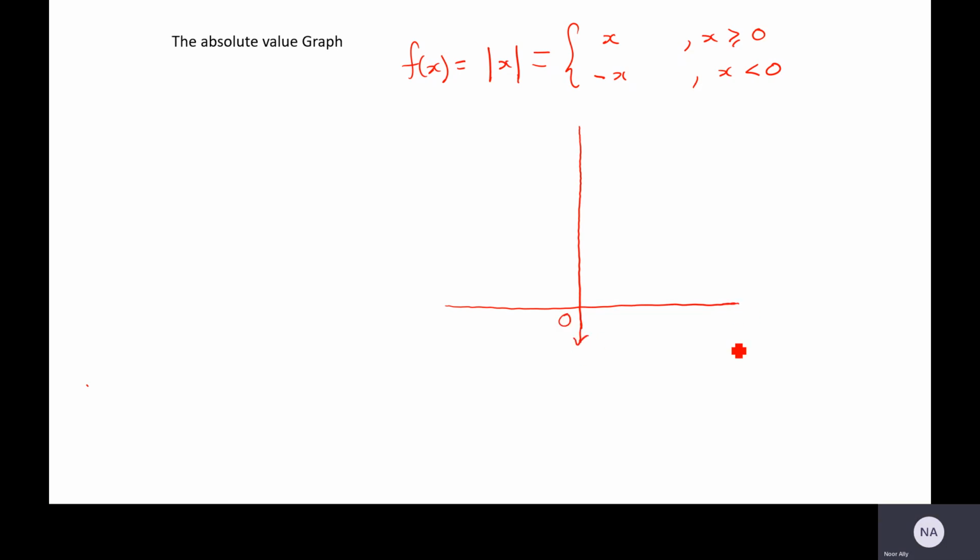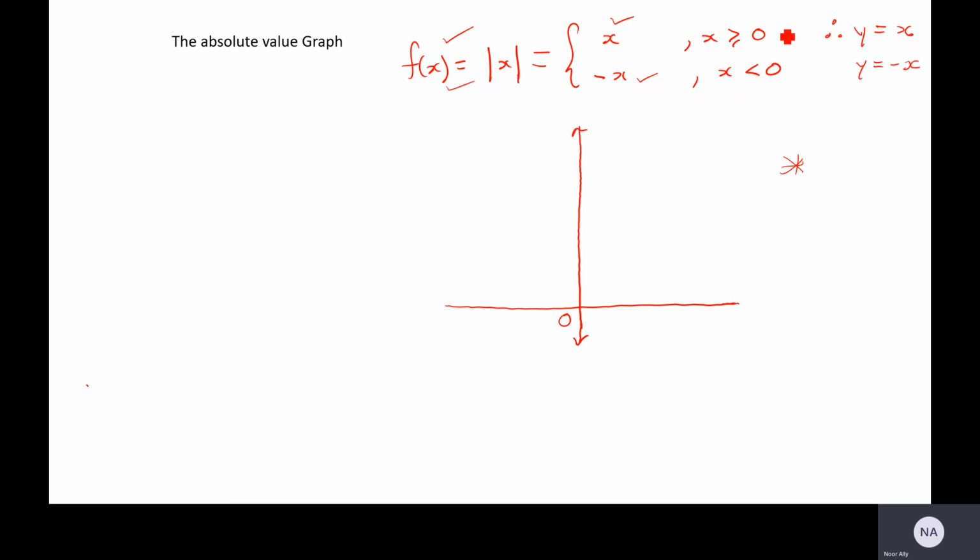Now, greater than or equal to 0 means we're dealing on the right-hand side of the y-axis. And then the line for the right-hand side is f of x equal to x. So I'm just going to write it here. In other words, y equal to x. When x is less than 0, then f of x is equal to minus x. And I'll write it here, y is equal to minus x.